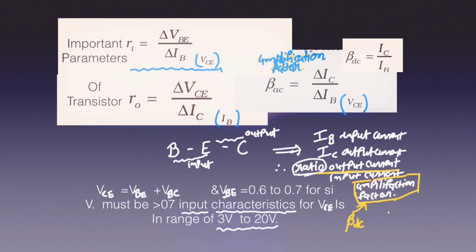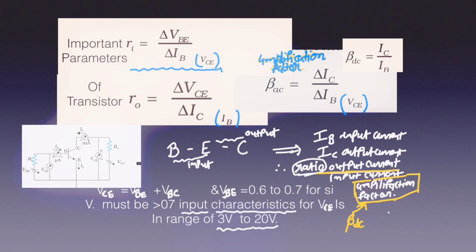Now let's see some important parameters of the transistor: input resistance, output resistance and current amplification factor. Our configuration is the CE configuration, meaning common emitter. When we are talking about input, the base will always be included, and when we are talking about output, there will be the collector.